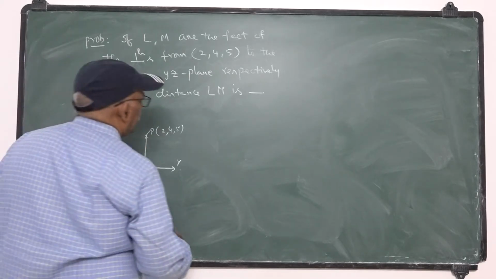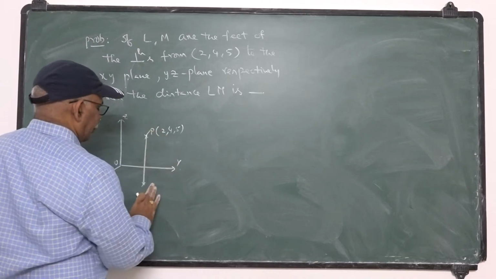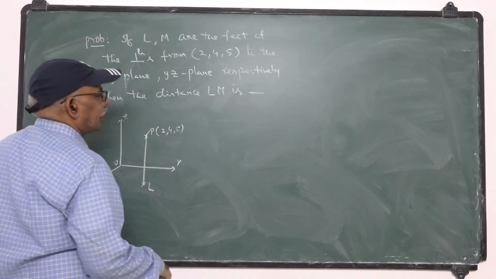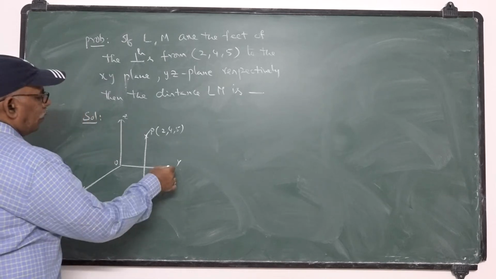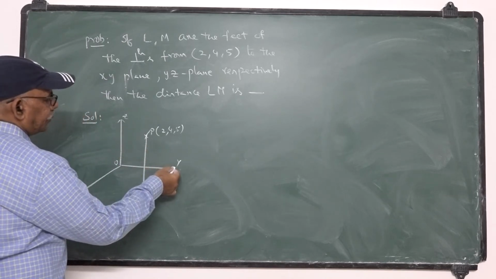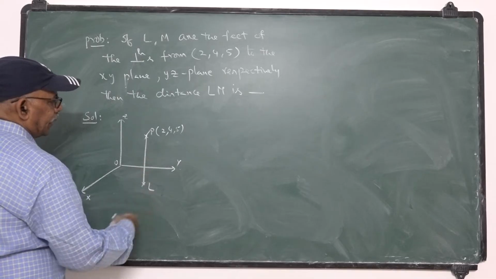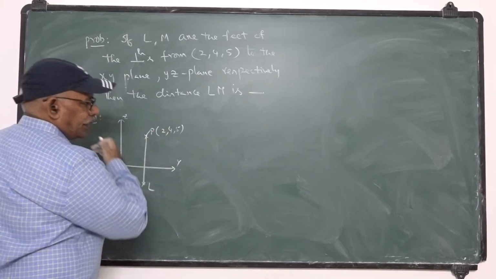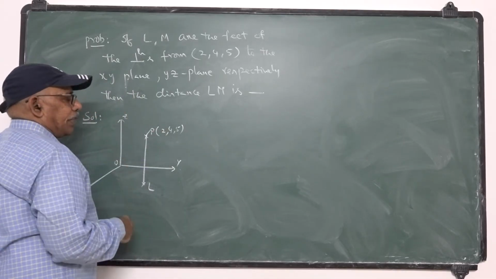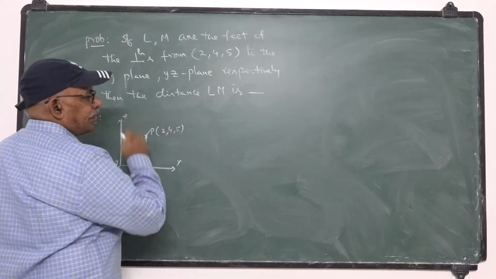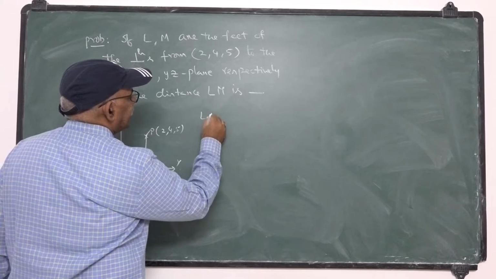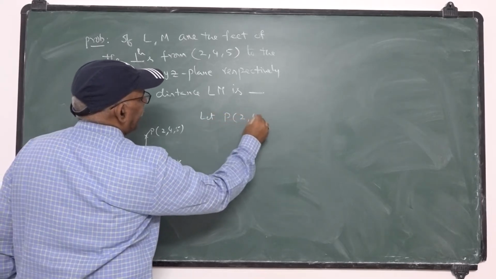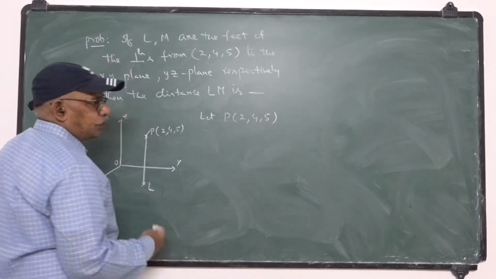Once you take the feet of the perpendiculars from P to the XY and YZ planes, you have to find the distance between L and M. Let P be (2, 4, 5), which is in space.